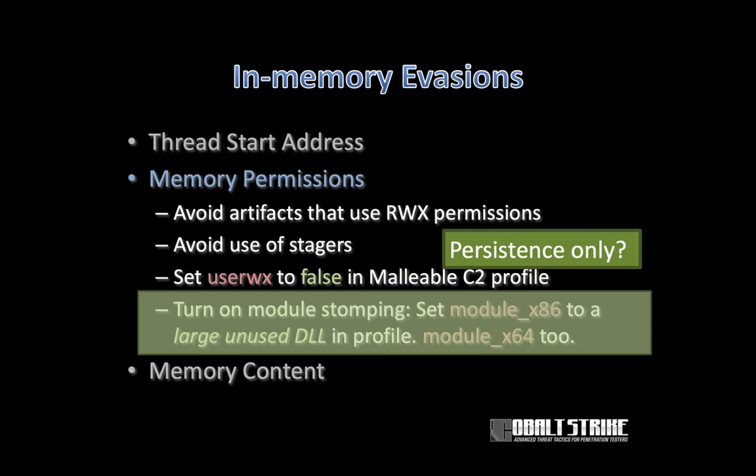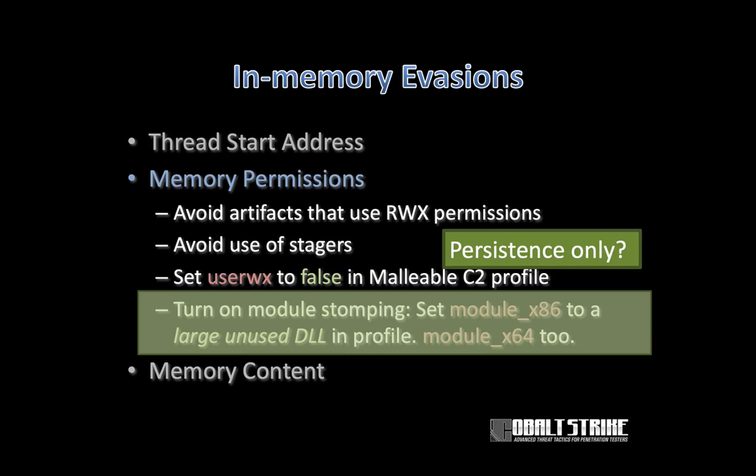The other risk with module stomping is that you choose a stomped module that is too small. If you do this, your beacon will crash when it's trying to write itself into that module's memory space. So keep that in mind as well.